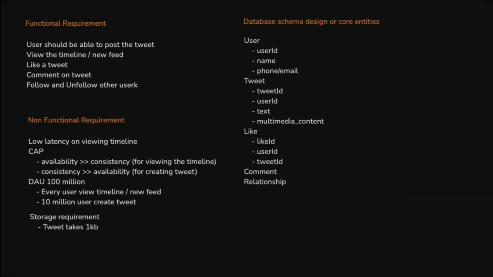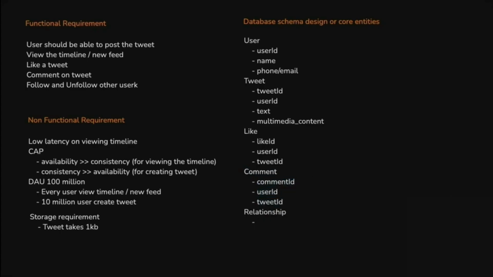For the comment, we would need similar attributes, so let me copy and paste it here. Other than the like ID, we would need the comment ID here, and this would be similar to the like entity. The users are commenting on a specific tweet: which user, and what is the comment ID.